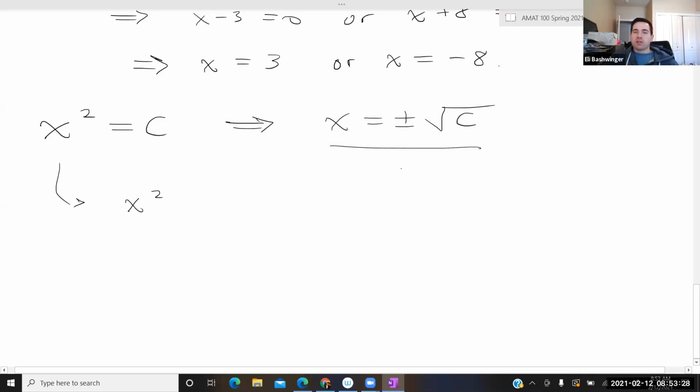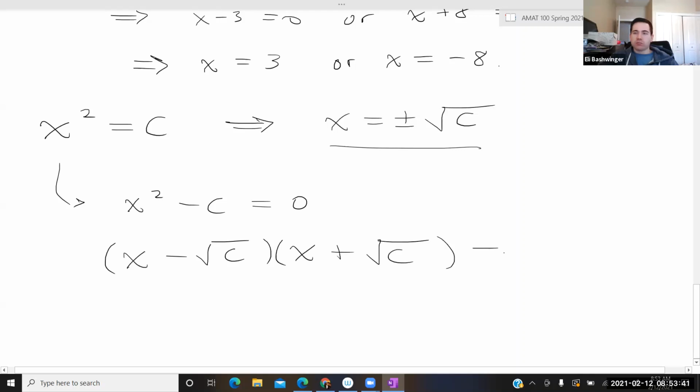And this is a consequence of factoring. So if you put the c on the one side, you can factor this. If you stare at this long enough, you'll see that this is a correct factorization of this equation.